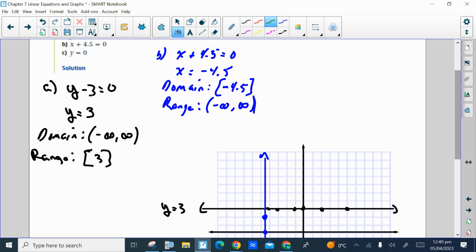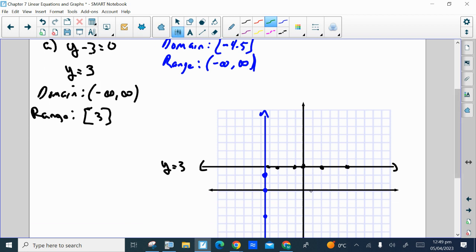The last one is just y equals 0. So this means that x can change, but y is always 0. When x is 1, y is 0. When x is 4, y is 0. When x is negative 2, y is 0.